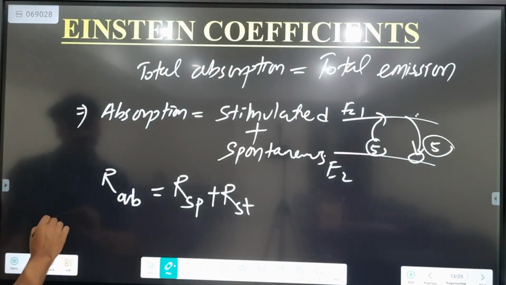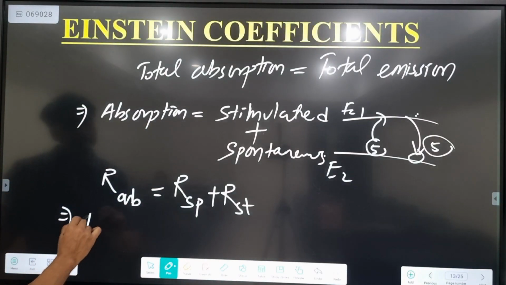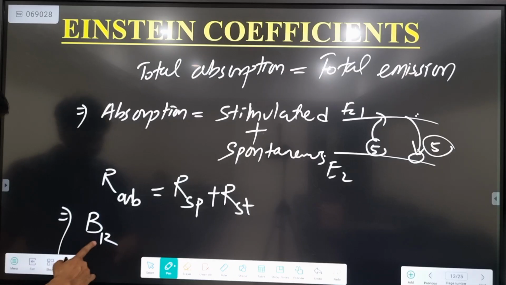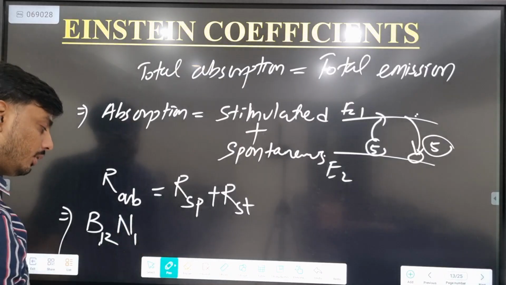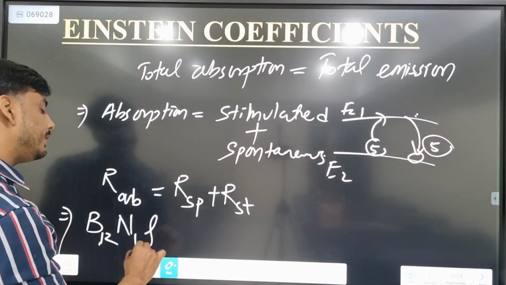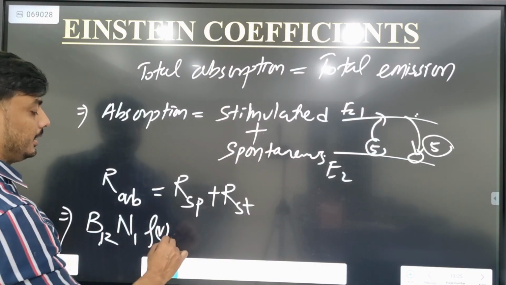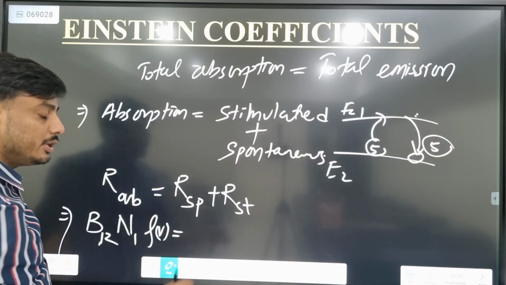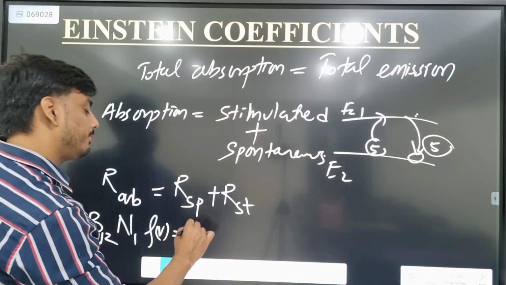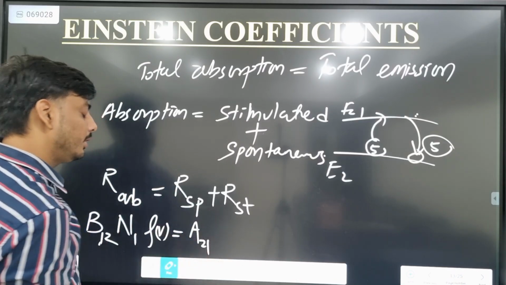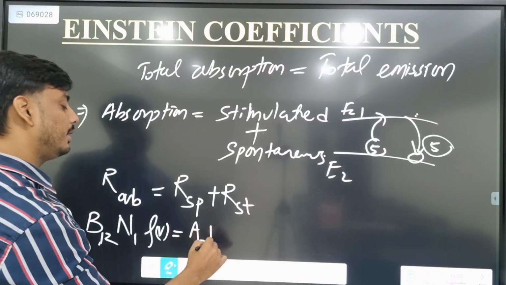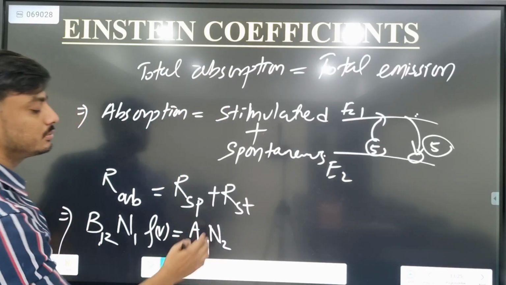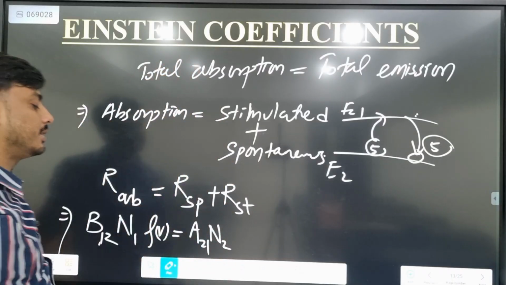So for the absorption process we have written B12, because 1 to 2 the particles are moving from the lower energy state to the higher energy state, times the number of particles present in the lower energy state, and it depends upon the energy density. For spontaneous emission there is no involvement of energy, so we have written the constant as A21, since in emission the particle moves from higher to lower, and it depends upon the number of particles present in the higher energy state.